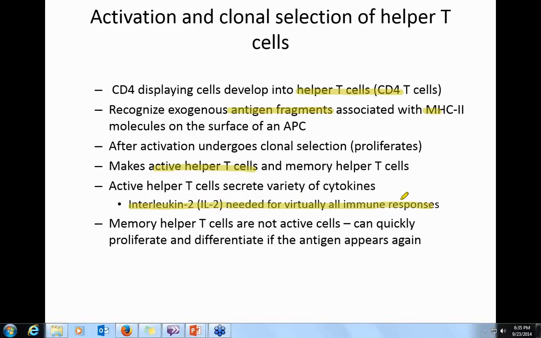So the cytotoxic T cells and the B cells need interleukin 2 in order to operate fully. Another type of cell activated helper cells make are memory cells. These are not active at the time, but should the antigen appear again, these guys can quickly proliferate and differentiate.